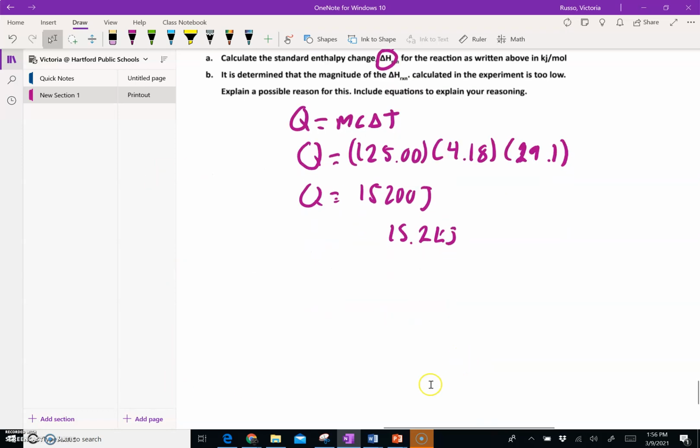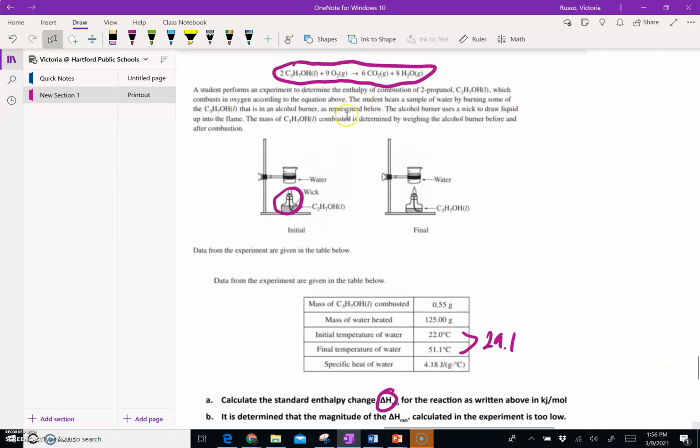Whenever you're calculating enthalpy from a reaction or from an experiment, it is always the negative of the Q divided by the moles of the limiting reactant. So here, whenever you have a combustion reaction, the limiting reactant is always the alcohol, because oxygen is just prevalent in the air. So we have to find the moles of the alcohol that they reacted here, which was this lovely guy here.